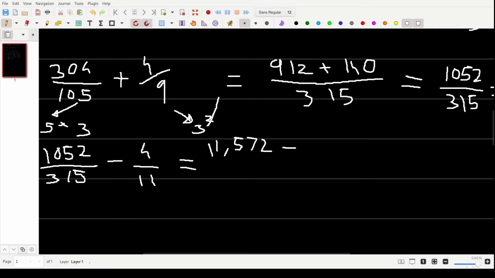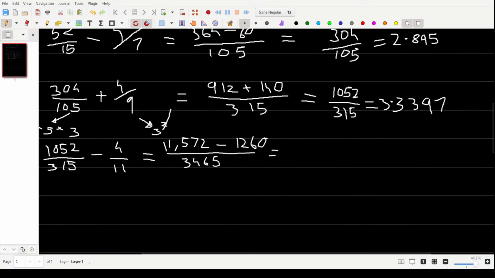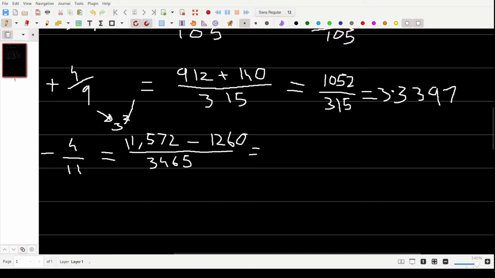And then you minus 4 times 3 on 5, that's easy. 1,260 over, and then we just went through this, 3465, equals, let me subtract this. Why am I trying to do this mentally?